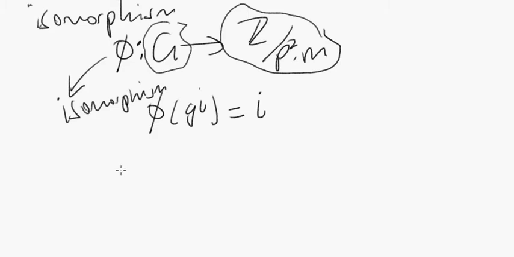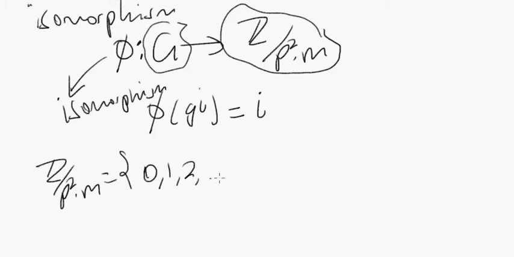Well, why not? Isn't Z mod p squared times m equal to 0, 1, 2, and so on, and a bunch of other elements, all the way up to p squared m minus 1?